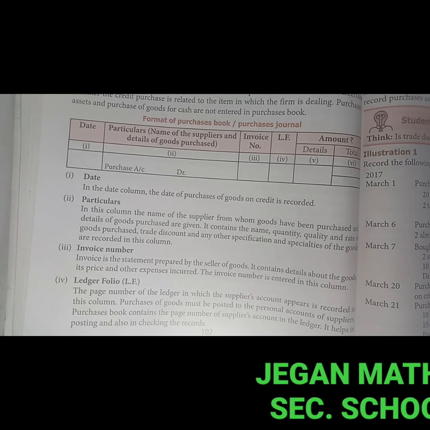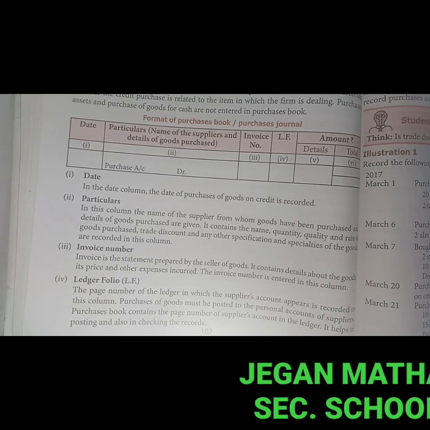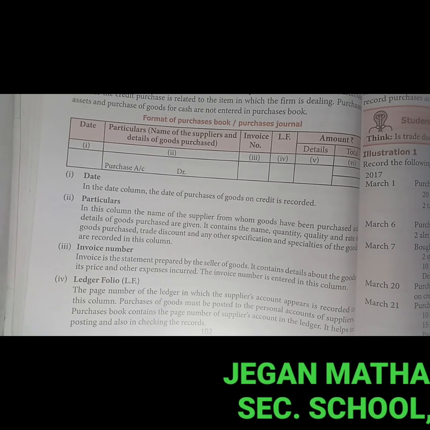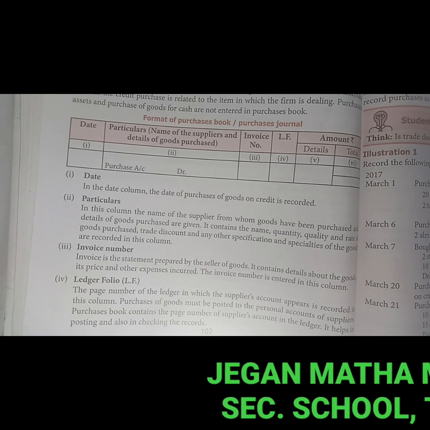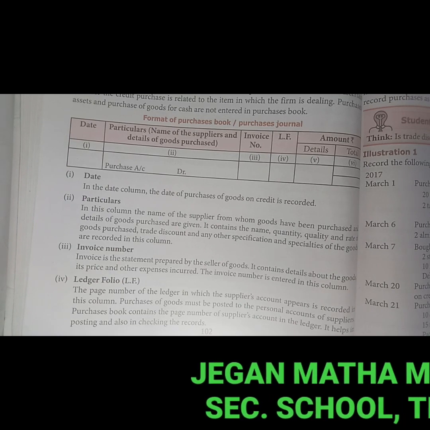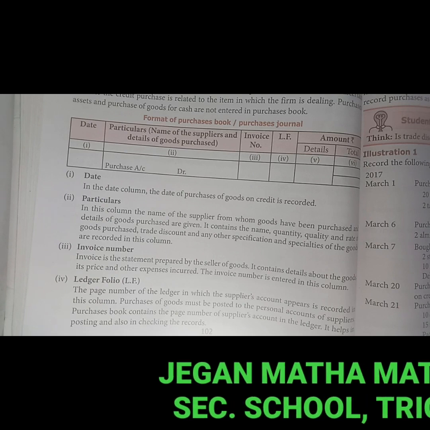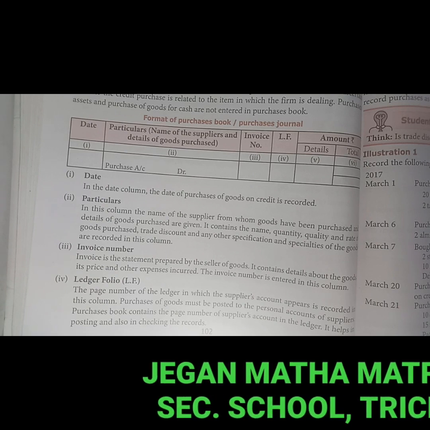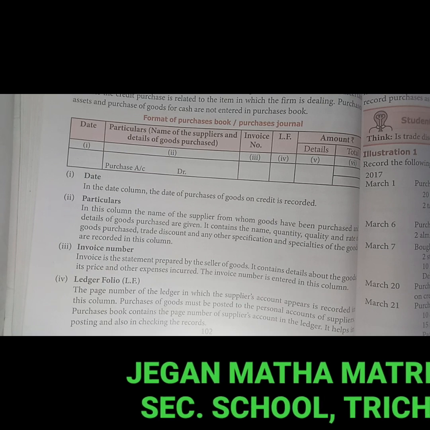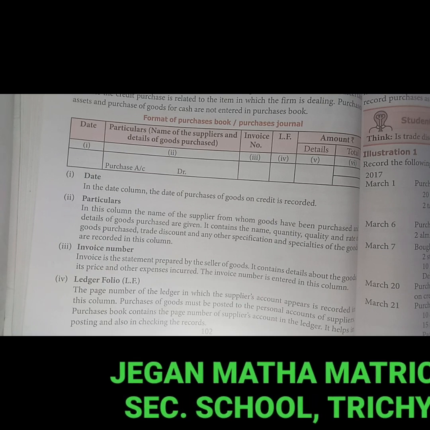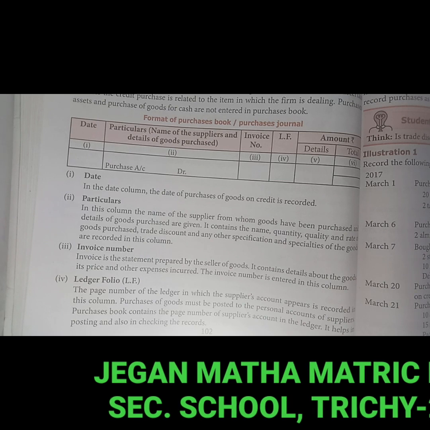In the particulars column, the name of the supplier from whom goods have been purchased and the details of goods purchased are given. It contains the name, quantity, quality and rate of goods purchased, the trade discount and any other specification of goods.